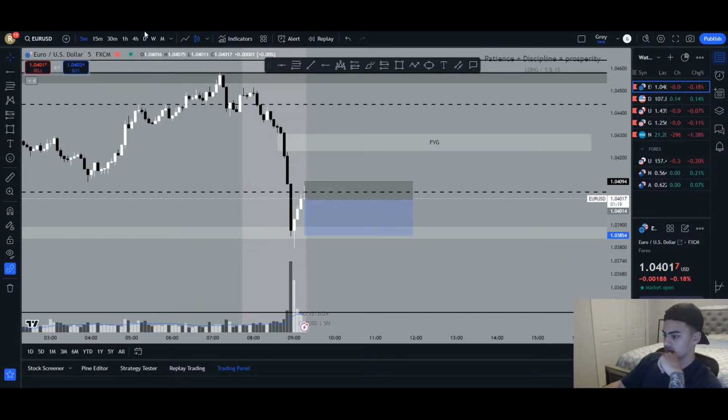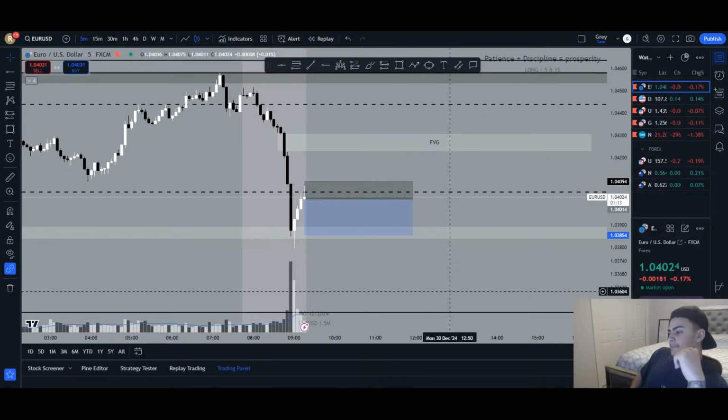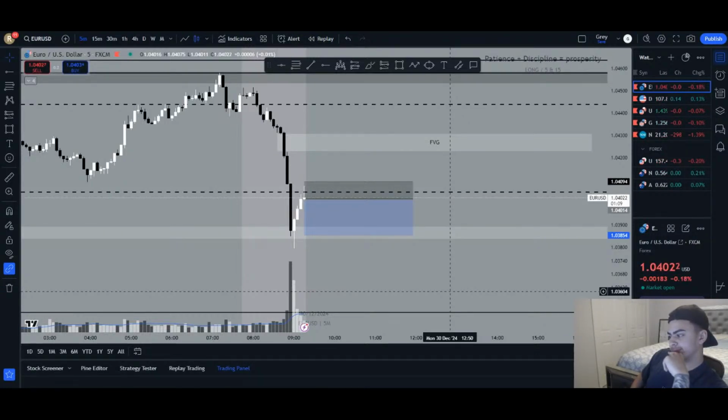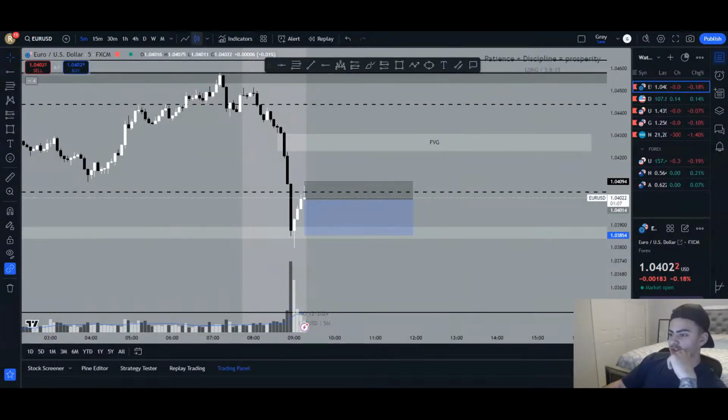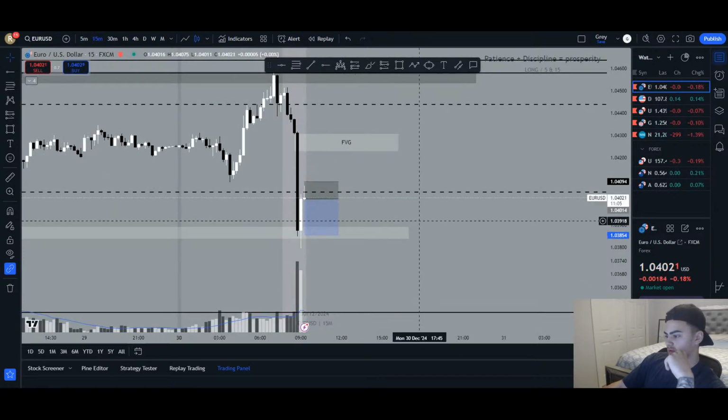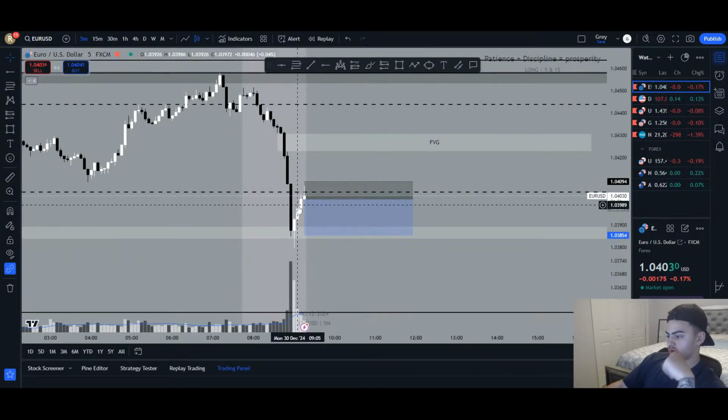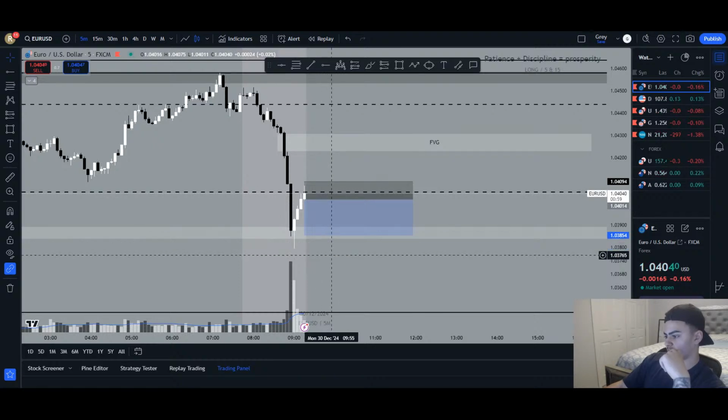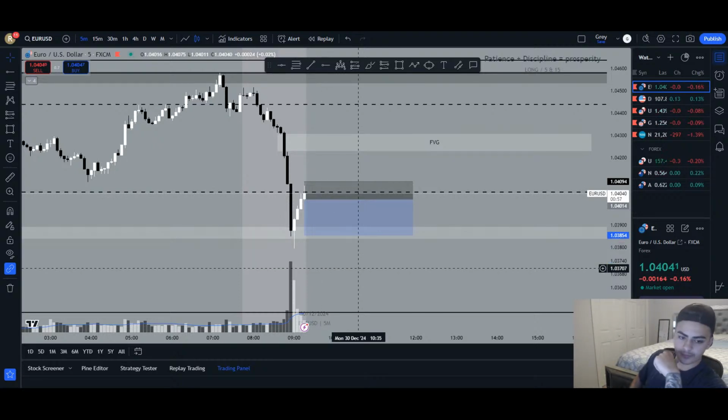I'm just going to wait for it to close bearish though. See how the 15 minute looks. Oh yeah. If this closes bearish, the next 15 minute is going to close bearish too.